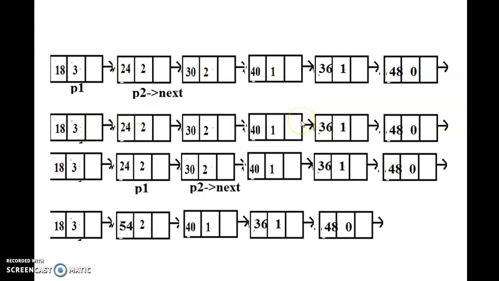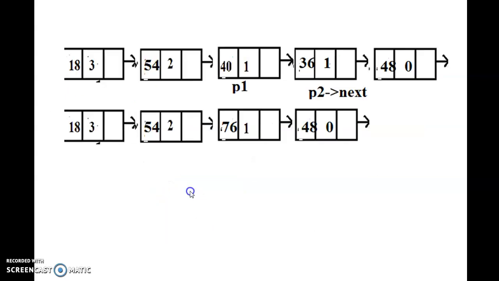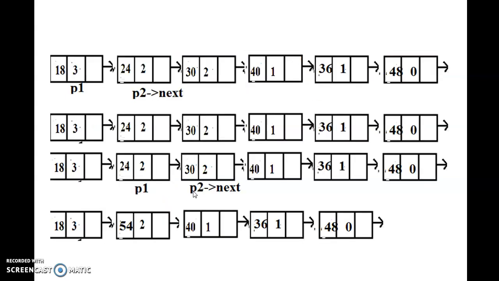There was no change. Now we are starting once again with P1 at the second node, and P1 of next will become P2 of next. That means P2 will also be starting from here only. We are comparing whether there are any duplicate terms or not. P2 will be starting here, and we are comparing P2 of next with P1.